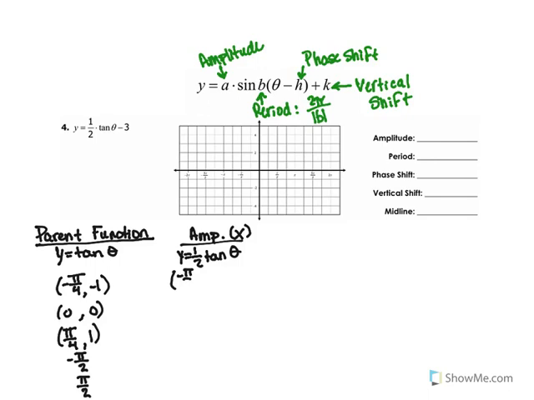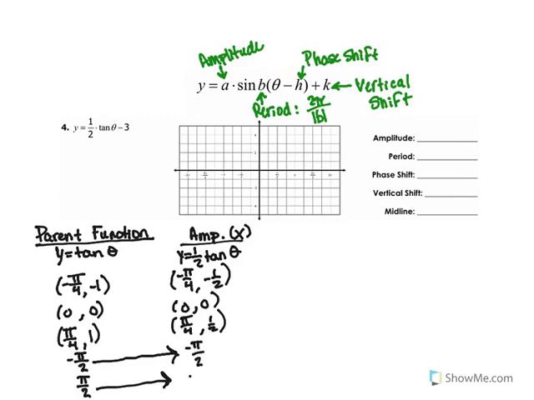So we're going to get negative pi over 4 still, negative 1/2, 0, 0, pi over 4, 1/2. And remember that these asymptotes are x's, so we're just going to put those over here. Negative pi over 2 and pi over 2. We're not going to change those because those are x values. Next, we need to do this vertical shift.